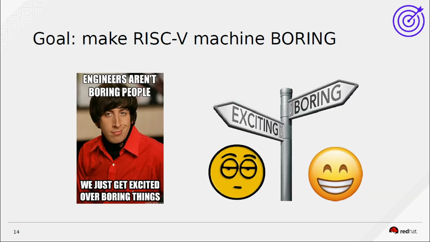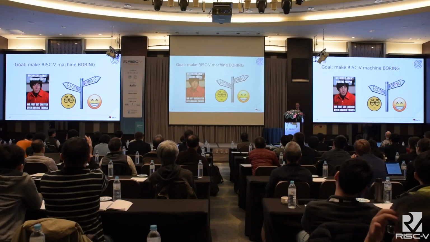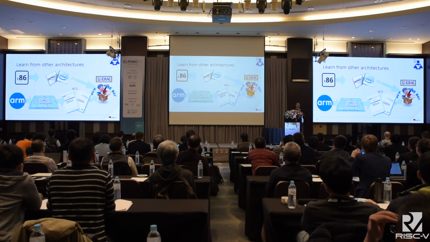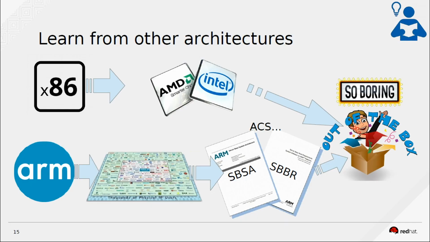Because in the data center, administrators need to maintain thousands of nodes. If some of the nodes behave differently, or need to install the software differently, it will be a nightmare for these administrators. So we have to make the server work out of the box.